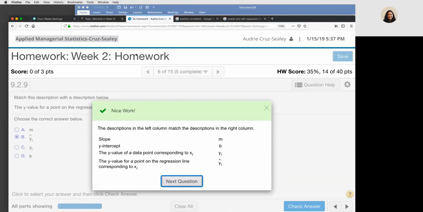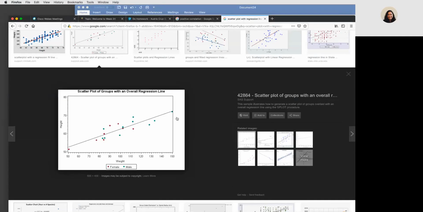Now, the value for the point on the regression line corresponding to xi, we call that y hat, so yi with a hat on top of it. That is a point and it has to be on the line. It can't be scattered all the way around. It has to literally be on the line. So this would be x, y hat.